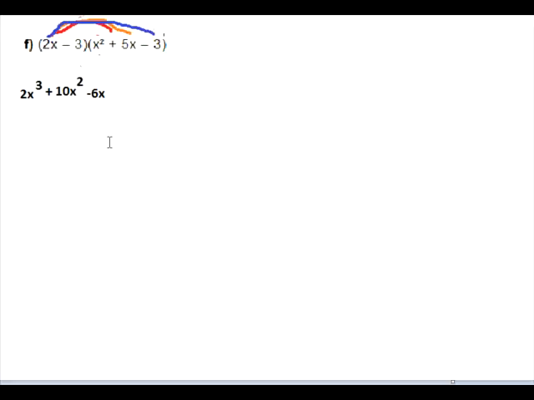All right. Then on the bottom in green, we're going to say negative 3 times x squared is going to be negative 3x squared. Then we're going to do the same thing.